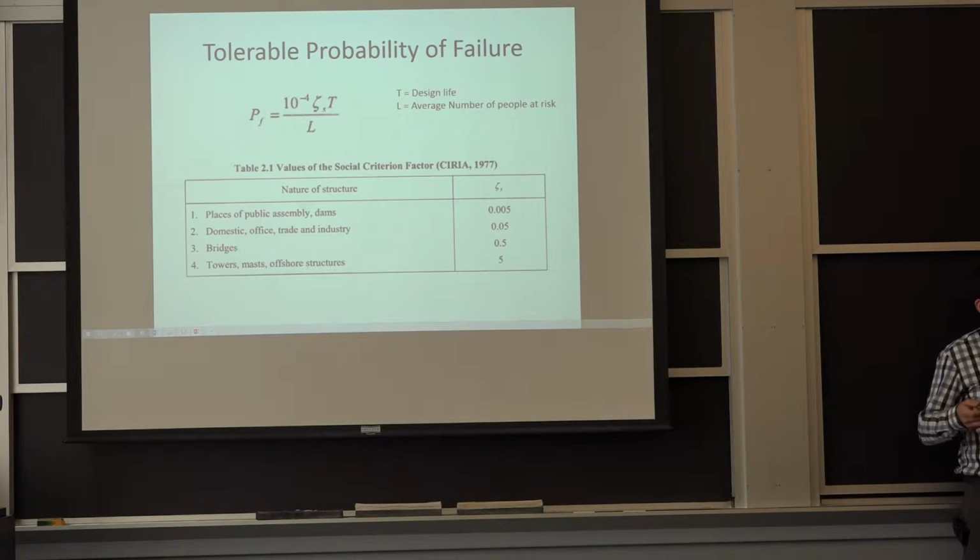It is based on a lot of recommendations made by different people and risk of failure. But the bottom line is the more consequential the failure is, like a nuclear power plant, the more we want to be conservative in our factor of safety.